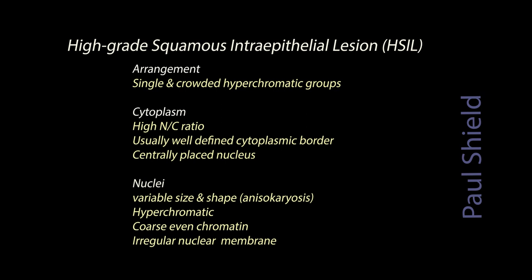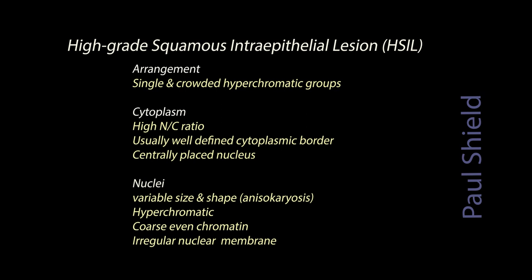They usually still retain definite squamous cytoplasm, so that would be a well-defined cell border and a centrally placed nucleus. Nuclei show anisokaryosis, so variation in size and in shape. They're usually very hyperchromatic and have quite coarse chromatin and an irregular nuclear membrane.